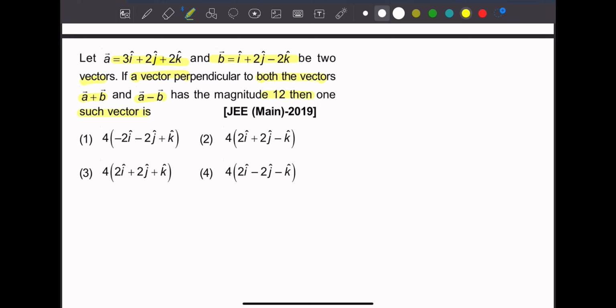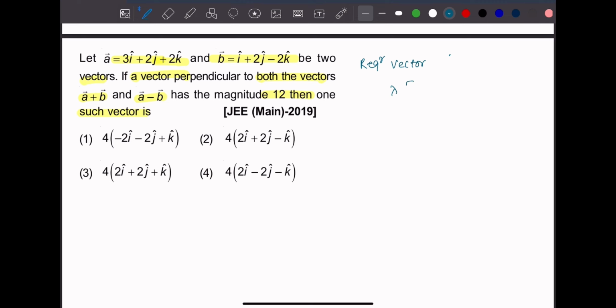A vector which is perpendicular to two vectors, that concept we have to use. A vector which is perpendicular to the given two vectors means lambda times a vector cross b vector.